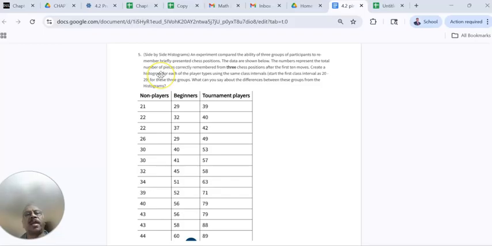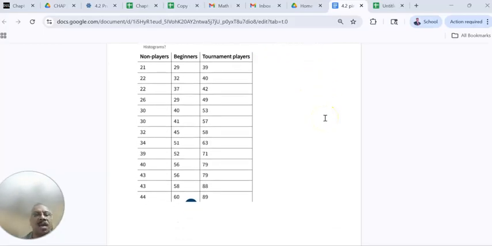Now create a histogram for each of the player types using the same class interval starting. So the good news is they give us the cluster from 20 to 29. That means the width is 10 for these three groups. What can you say about the difference between these groups from the histogram?